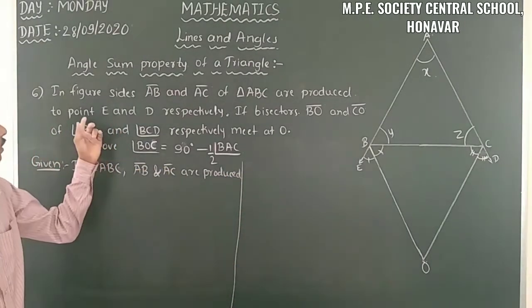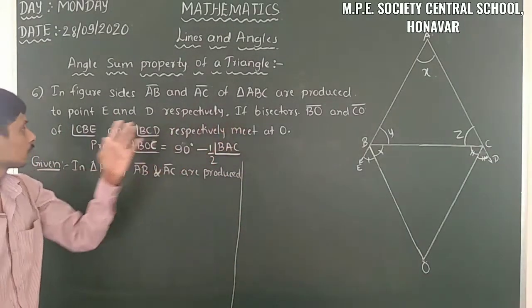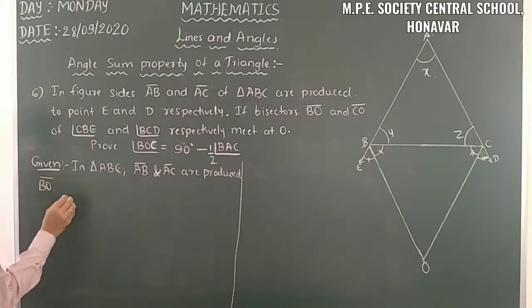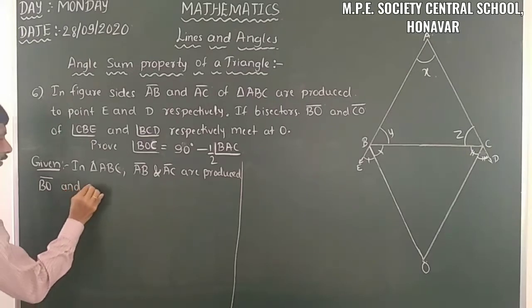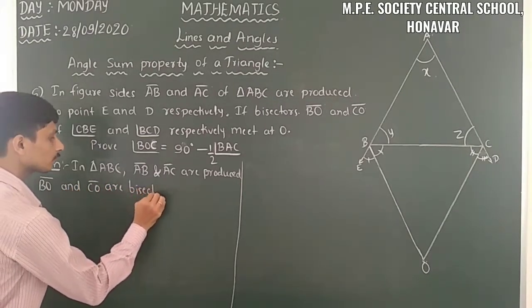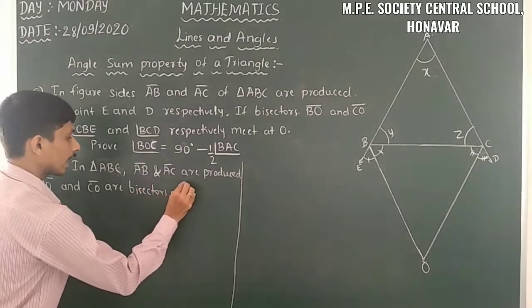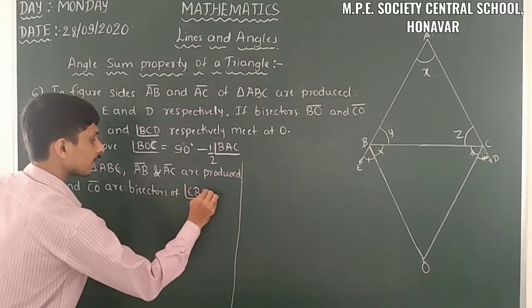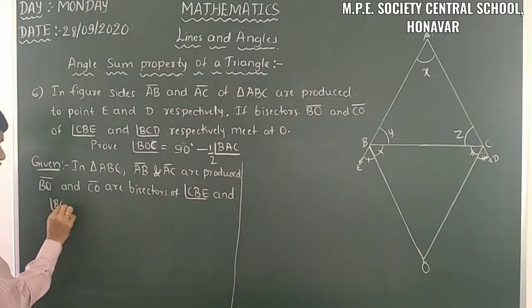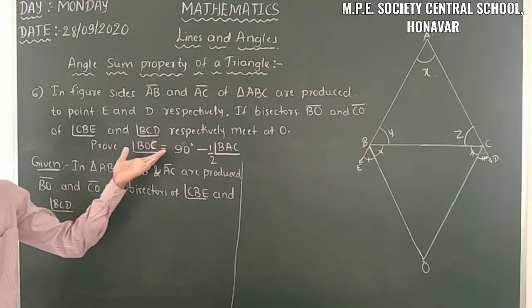Then BO and CO are the bisectors of angle CBE and angle BCD. We can use this also.